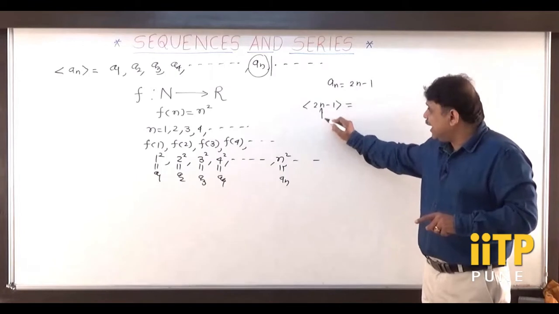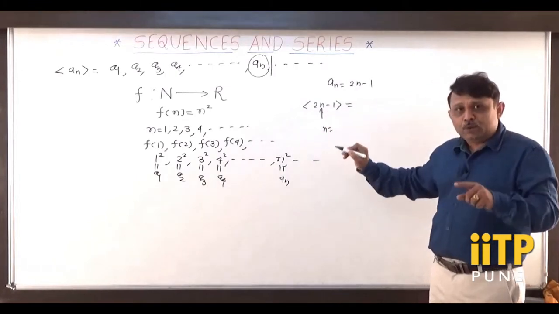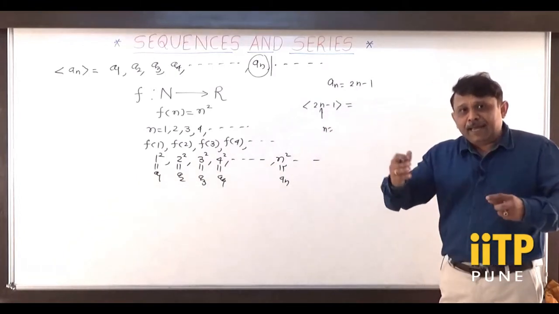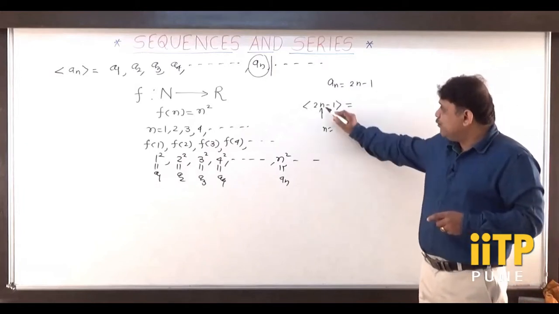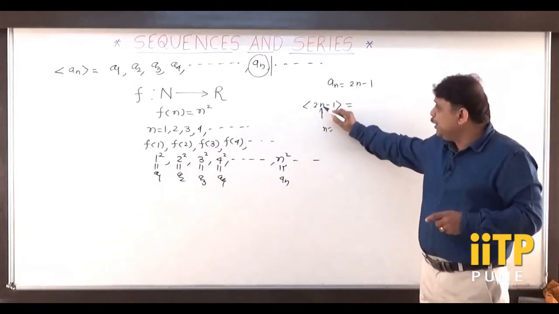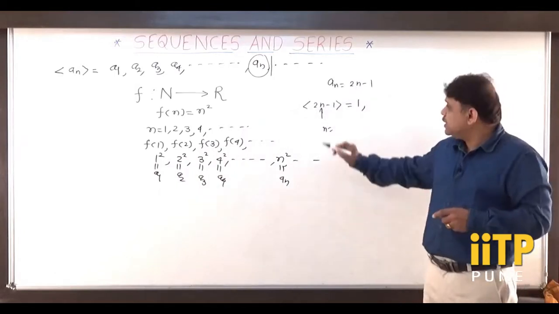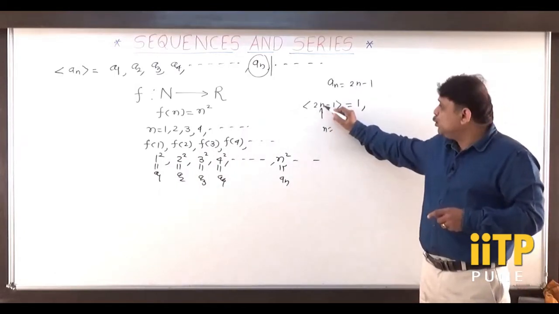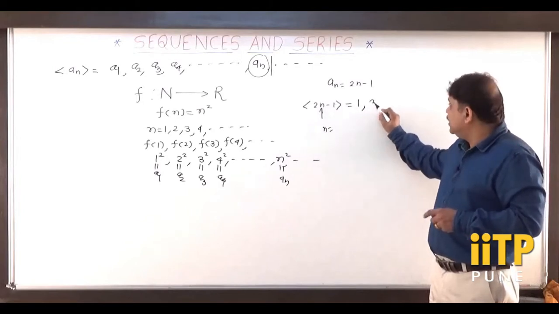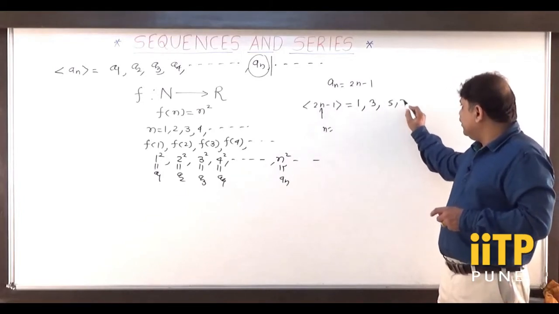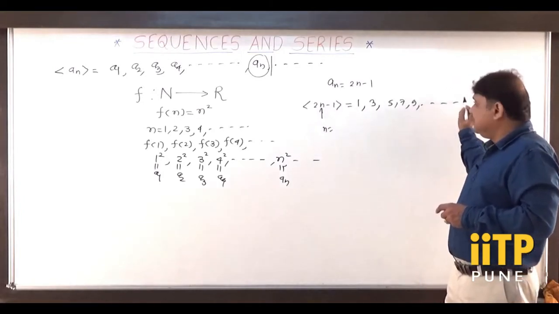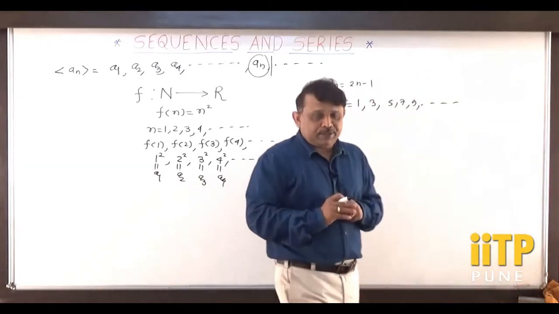So values of n would be 1, 2, 3, 4, and that way I get the terms of the sequence. If I put n equal to 1, 2 into 1 is 2, 2 minus 1 is 1. This is the first term. If I put n equal to 2, 2 into 2 is 4, 4 minus 1 is 3. So 1, 3, 5, 7, 9. This way I get a sequence.